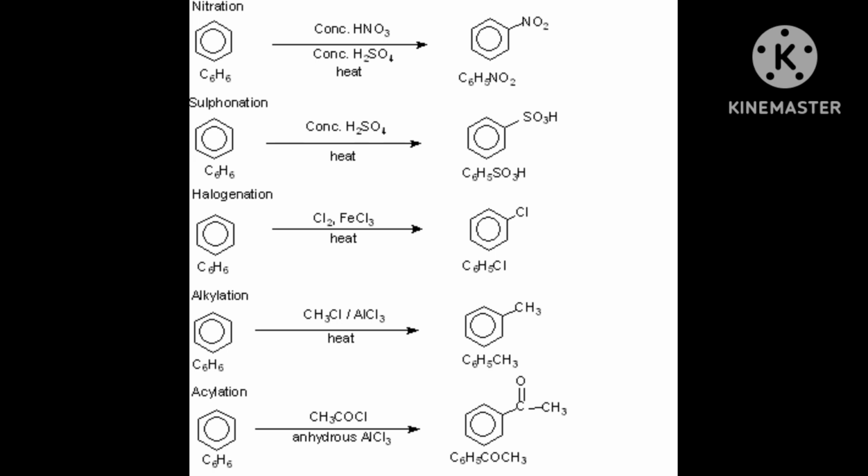Here what will happen, acylation means, all of you know AlCl3 is a Lewis acid, because it wants electrons. Then here with the benzene ring, the reaction of benzene with an acyl halide, also called acid anhydride, in the presence of a Lewis acid forms acyl benzene.